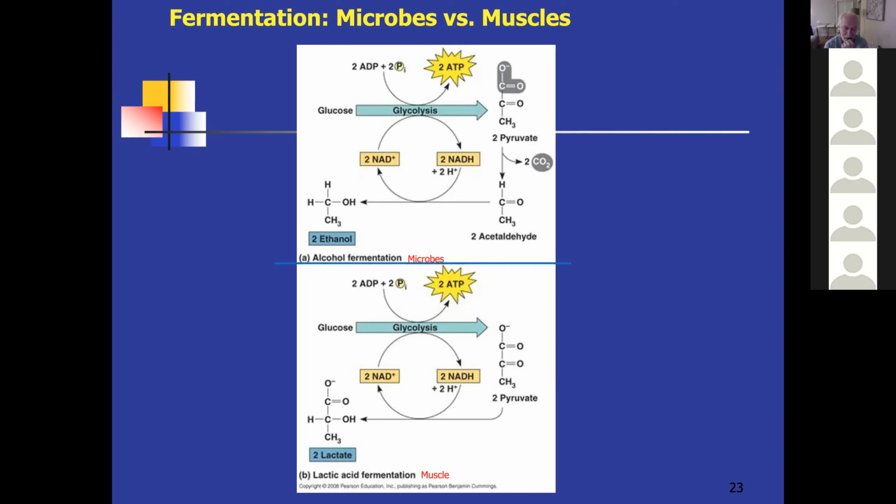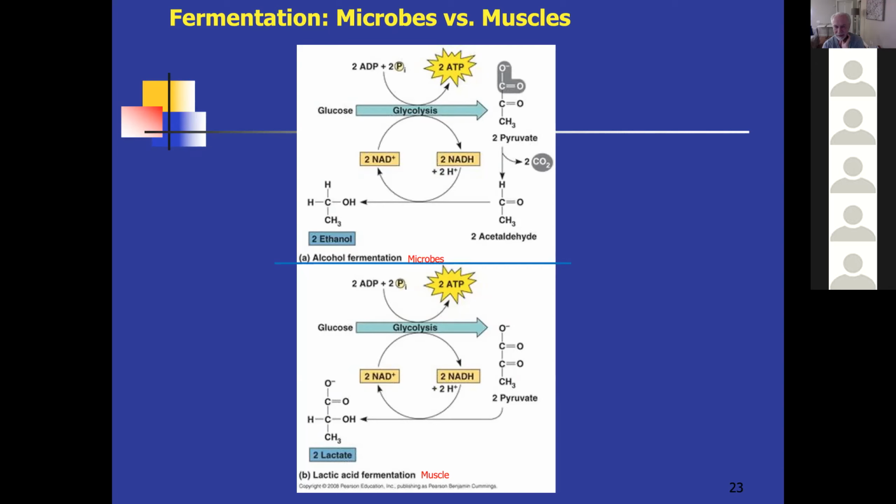It might be a bit too deep for this class, but it was just something I was wondering. Are you asking why do mussels do it different from microbes? I was just wondering about the mechanism for why the pyruvate is turned to lactate versus having the end electronegative oxygen be protonated instead. In other words, why does muscle skip the acetaldehyde step?